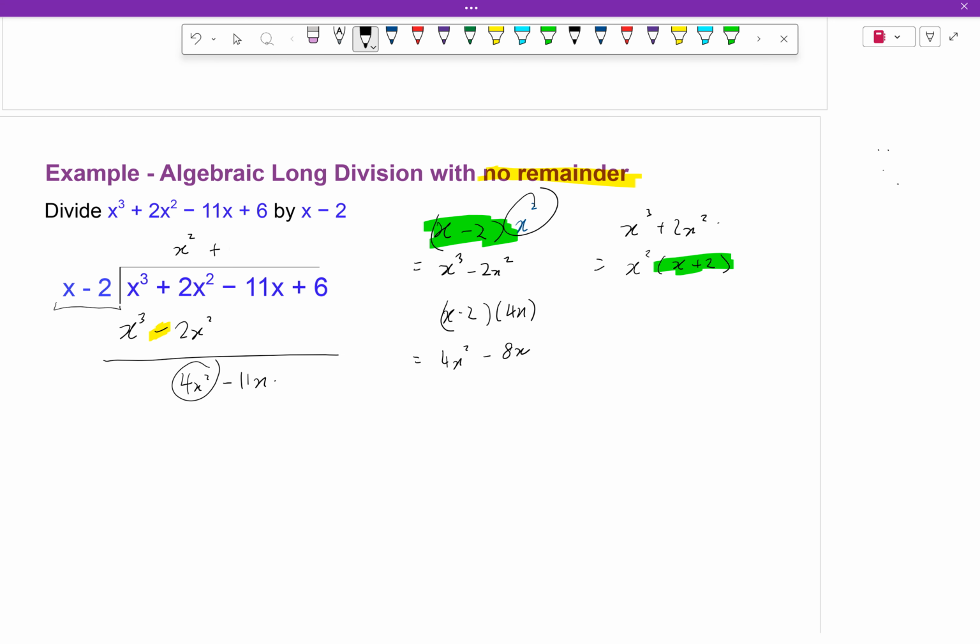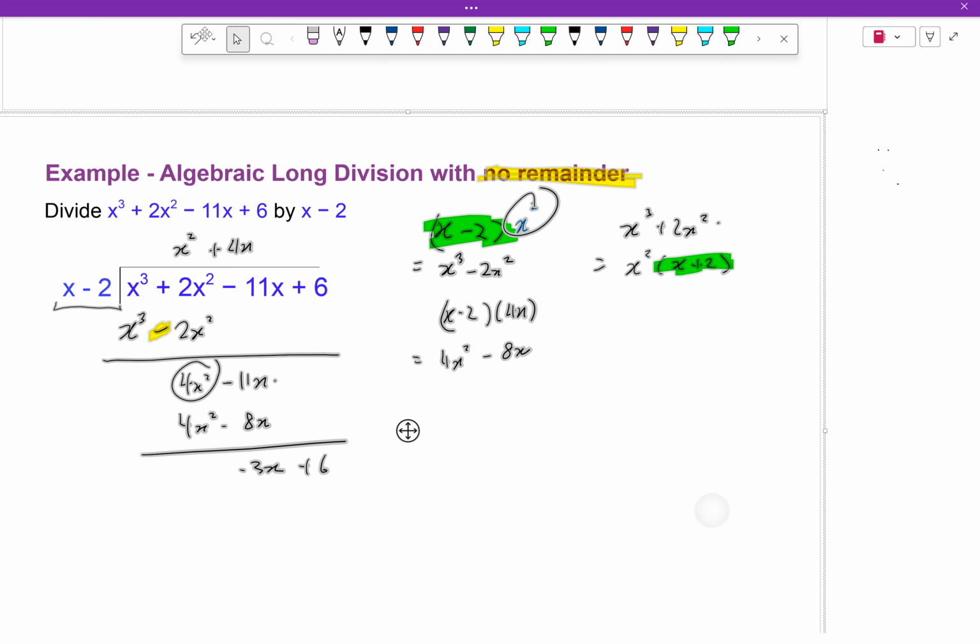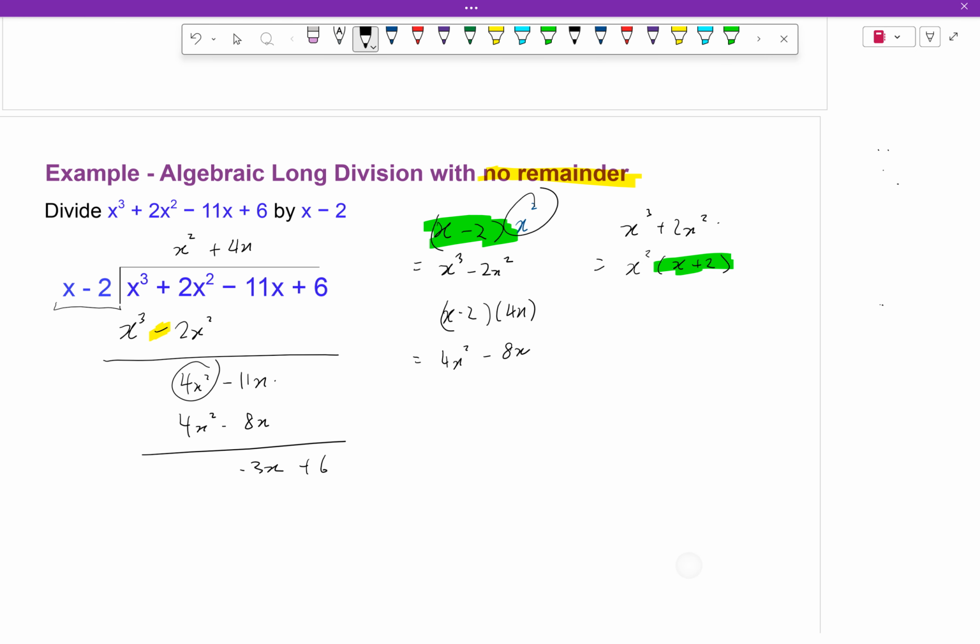So 4x squared minus 8x. So that results into 3x plus 6 negative. So the last one is minus 3. 因为我们这里直接把它去就可以了。So that's the final answer. 如果 no remainder 的时候，你可以 leave it as blank, or you can just do one line with 0.